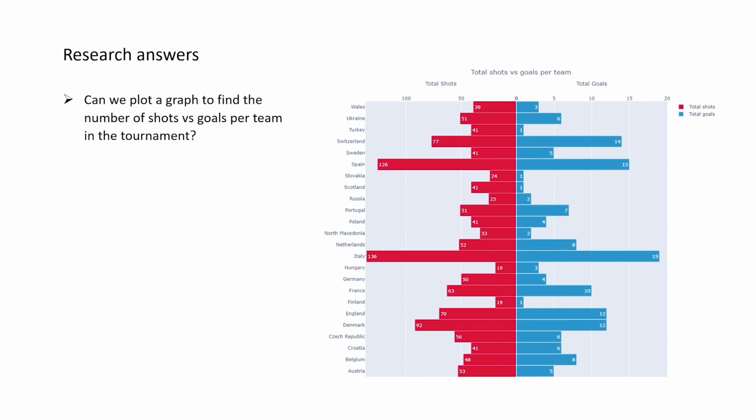But England, being the other finalist in the tournament, was able to score only 12 goals out of 70 shots. So, from this, we can say that Italy had the potential to win the tournament with their fierce attacking style.